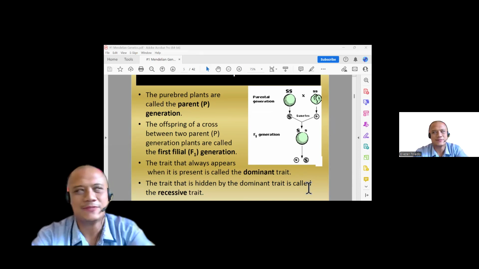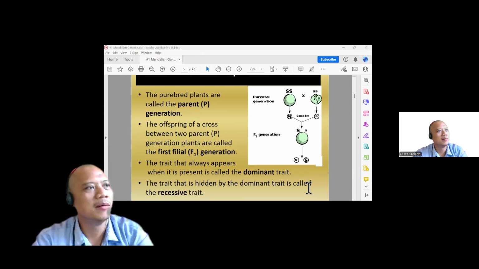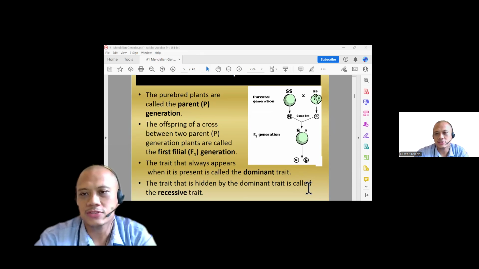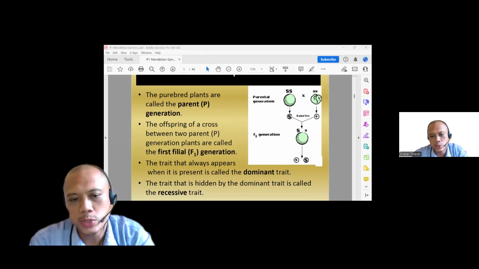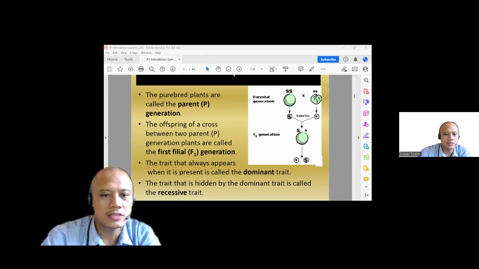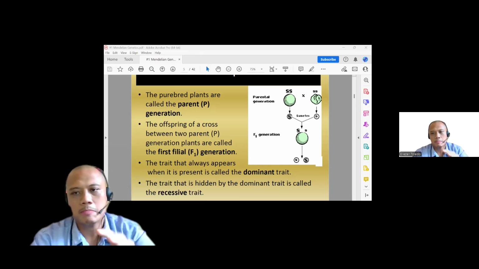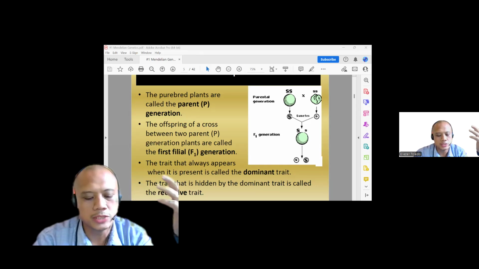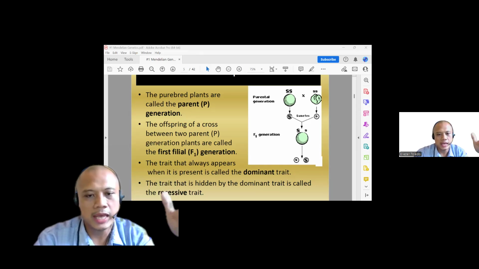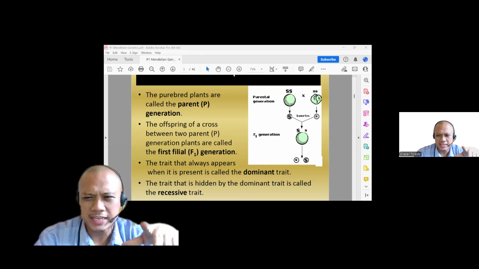Here they define this as traits. Later on, you would see that they also call this a gene. A dominant trait and a recessive. How do we define recessive trait? The trait that is hidden by the dominant is called the recessive. Now, remember that the terminology would use present, and then the other one is hidden.